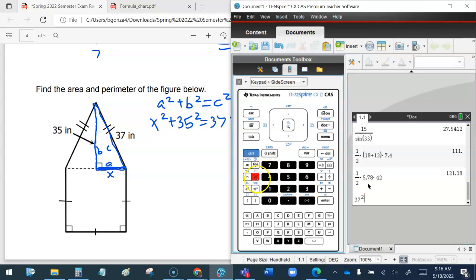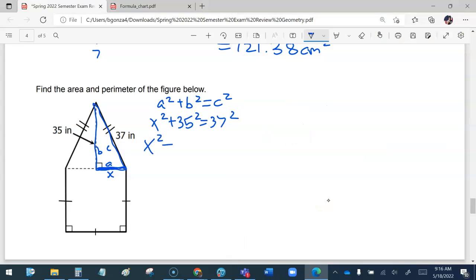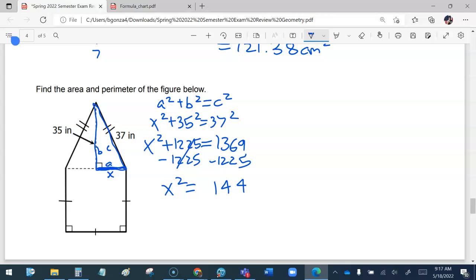So I need 37 squared and 35 squared. And if I'm solving for x, I'm going to get rid of this loner, minus 1225. And I get 144. Last step to get rid of the square is square root, and the square root of 144 is 12 inches.